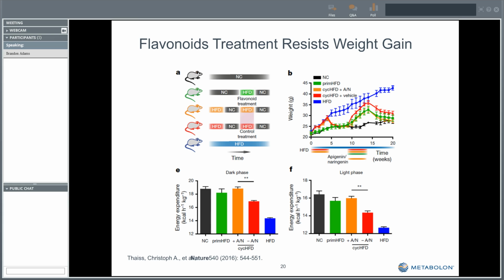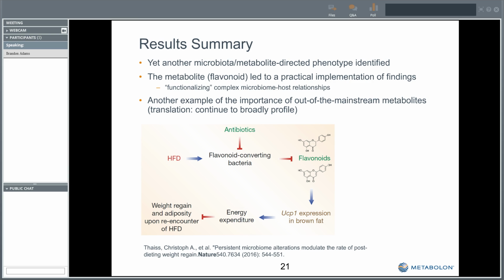And they showed that by reintroducing flavonoids back to the diet, the flavonoid is able to ameliorate the secondary weight gain. The investigator also showed that during obesity, the cycling high-fat diet has reduced energy expenditure, and this reduced energy expenditure was reversed with the supplementation of flavonoids.